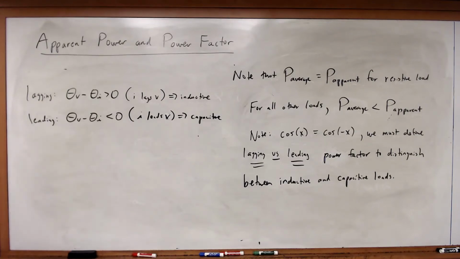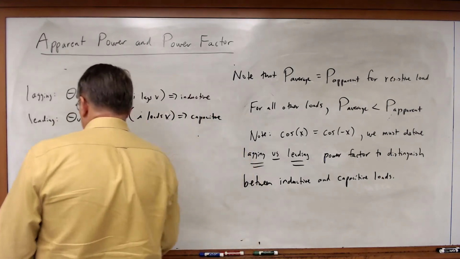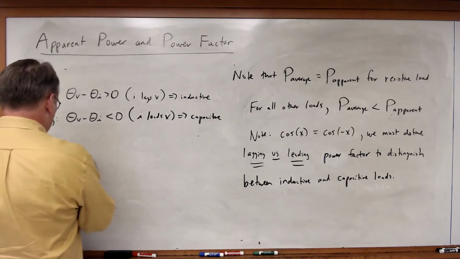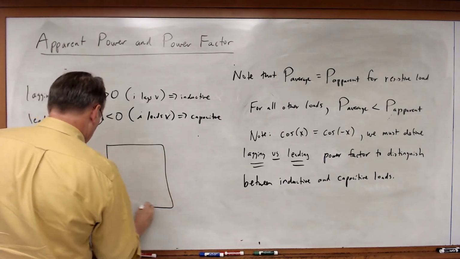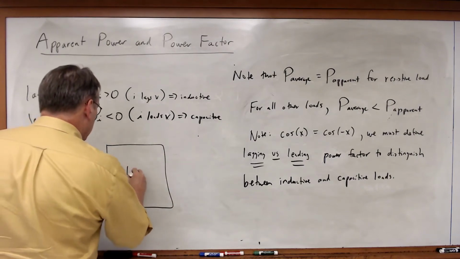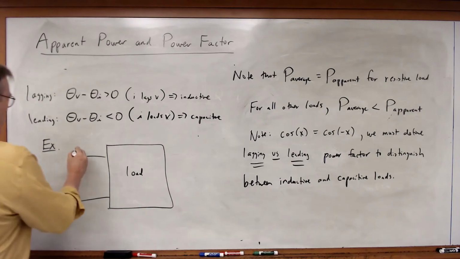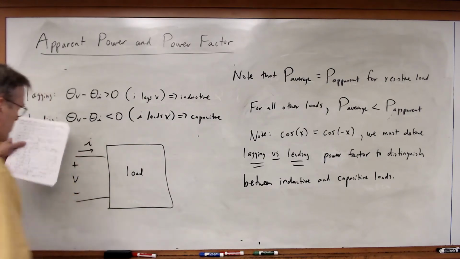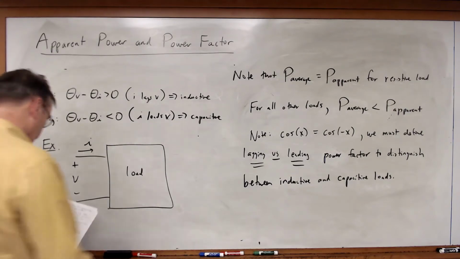So let's do a couple of examples. Let's do an example to illustrate this. Let's assume we've got the following circuit. So I've got a load. And for this load, there's a current and a voltage associated with that load according to the passive sign convention.